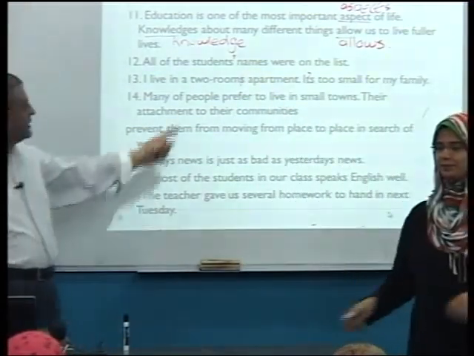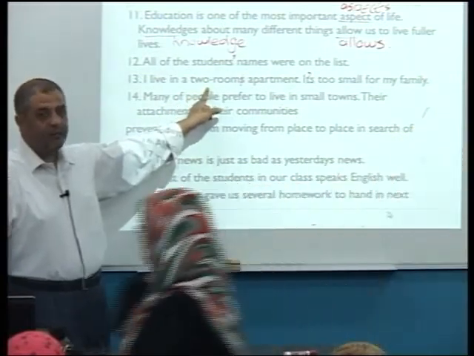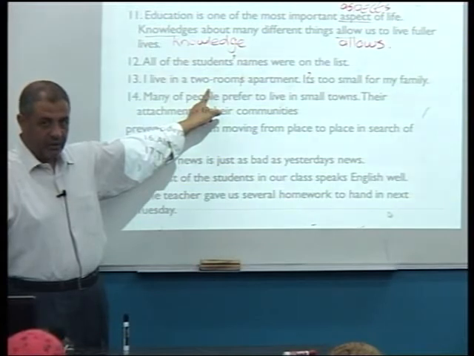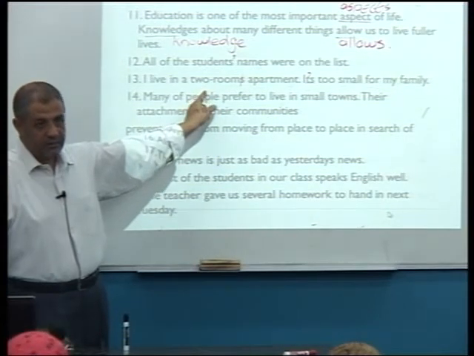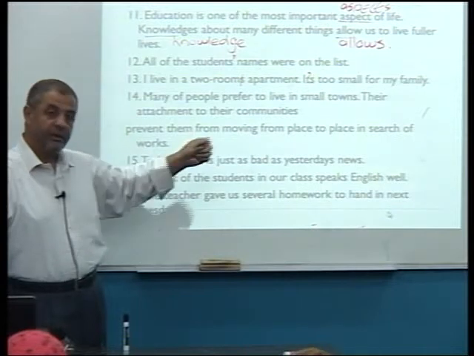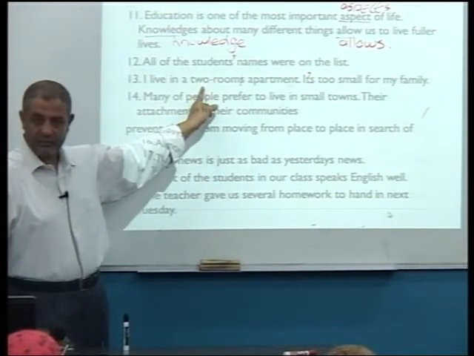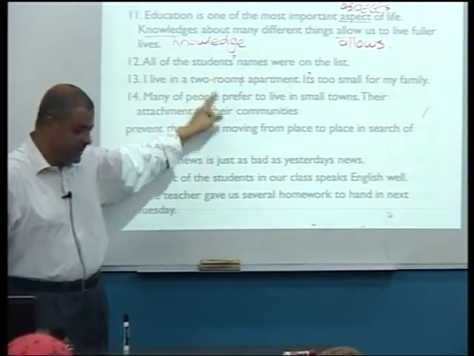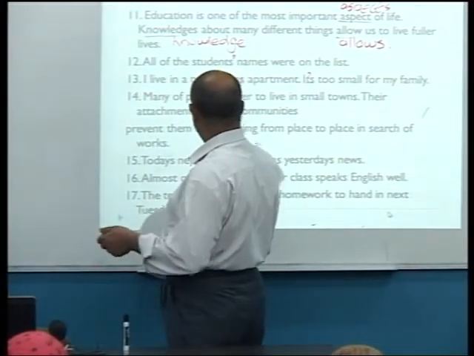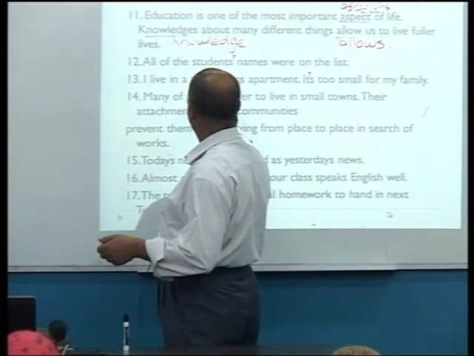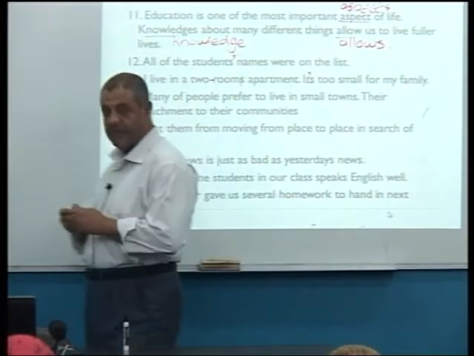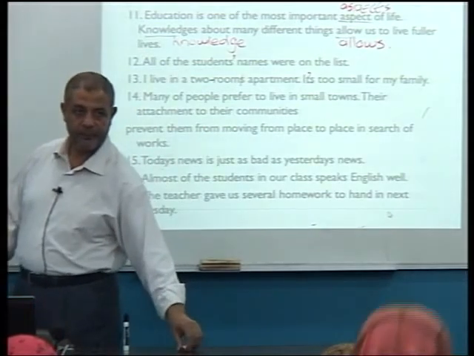Now, this is a compound noun modifier. When we use numbers in a compound noun modifier, it should be hyphenated. This is a hyphen. And we don't use what? Plural. We say a two-room apartment. Next one.